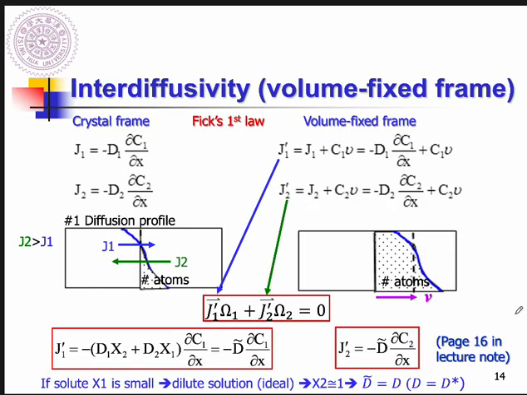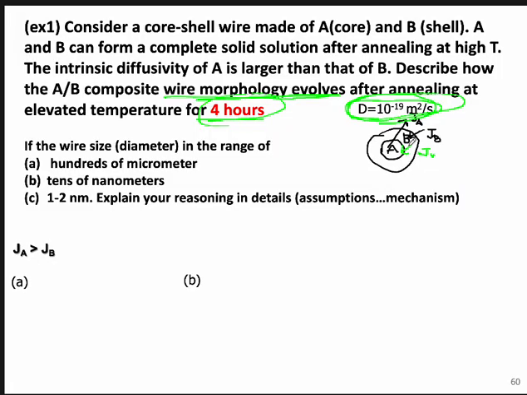So the diffusivity they gave you is probably the interdiffusivity. Based on this idea, you can use the interdiffusivity to estimate the diffusion length. So you can use the square root of 4Dt. Here t should be in seconds.